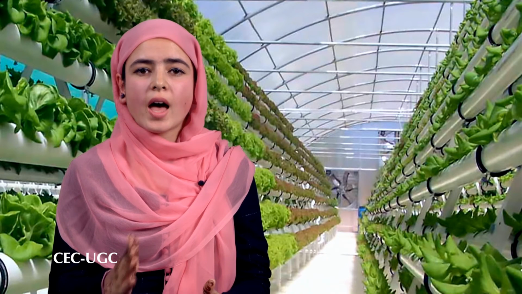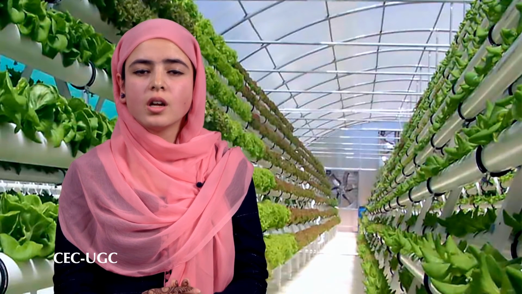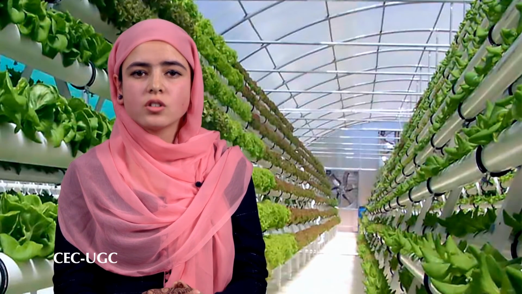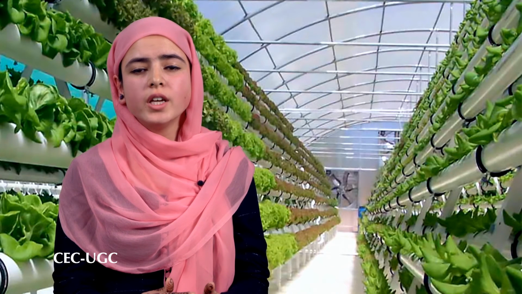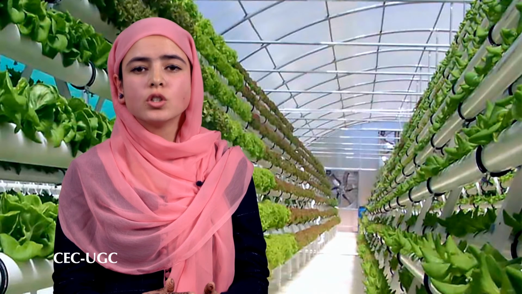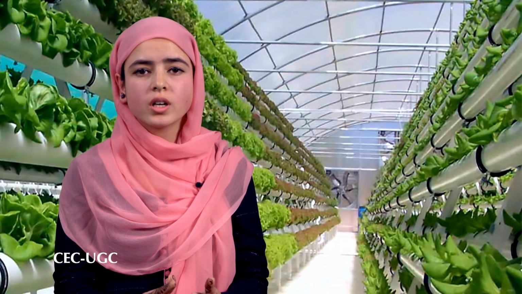These act as strong chelating agents as compared to either tartaric acid and citric acid. The strong chelating nature of these agents makes the availability of iron and some other essential nutrients to plants even easier. However, the fate of the chelation complex during the uptake of iron by plant roots is not clear.